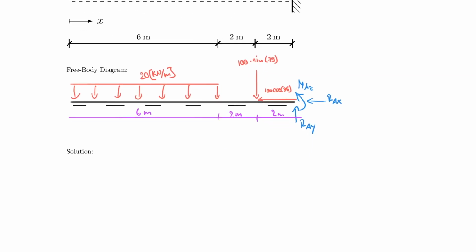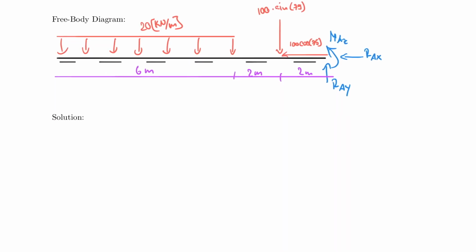And now I go ahead and solve the problem for you, or at least as much as necessary. So let's start with RAX. And I do that by the sum of the forces in the x direction being equal to 0. And that is positive to the right. 0 is equal to minus RAX, or maybe better, minus positive RAX.